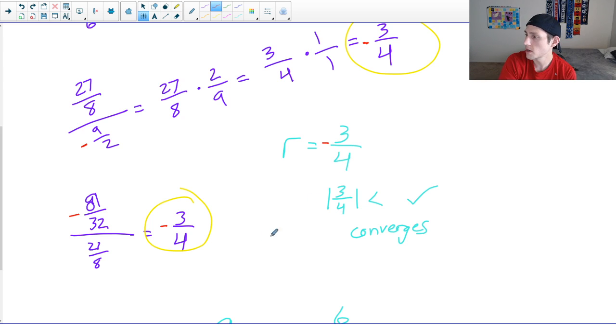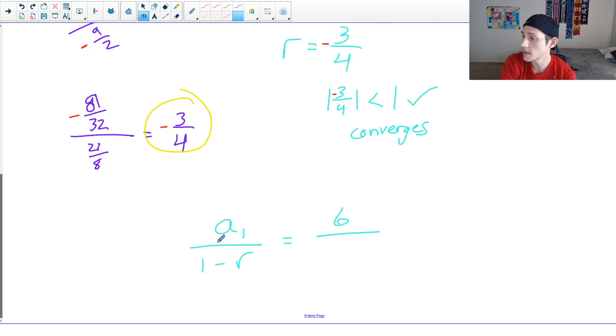Okay, so actually my ratio is negative 3/4, but that's okay because the absolute value of negative 3/4 is positive 3/4, which is still less than 1. So it still does converge, but I shouldn't forget that negative because I'm going to need that in my formula here of 1 minus R. So A1 over 1 minus R, so 1 minus negative 3/4 turns into plus 3/4.